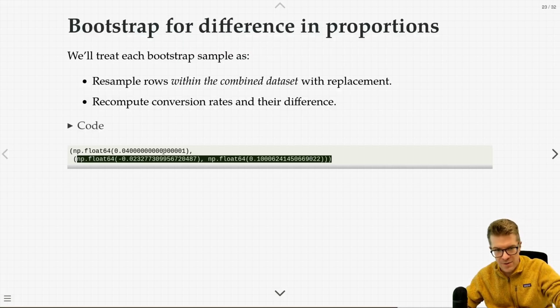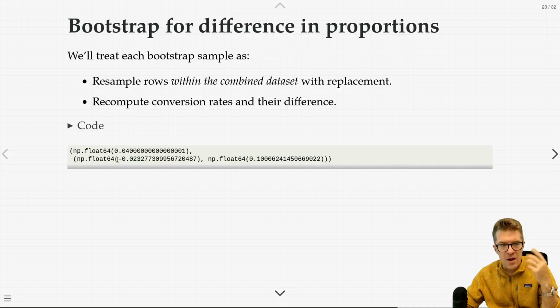And as you can see, and you can run this yourself, and again, you're highly advised to do so, on the low end, actually sometimes the old page does better, and we get a negative delta, a negative difference. So 2.5% of the time, the difference is negative 2.3 percent.